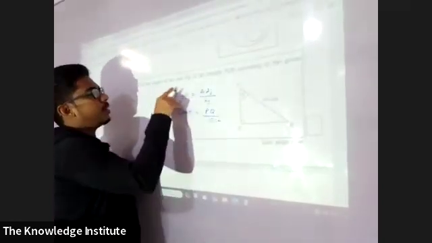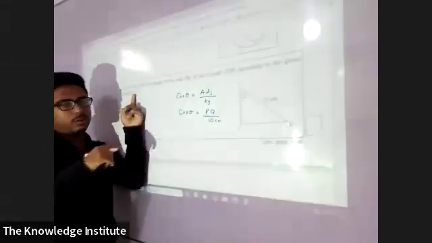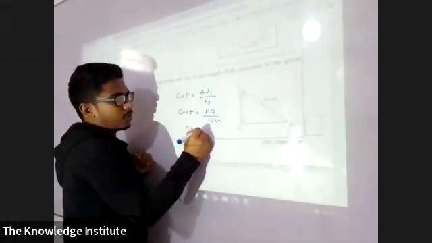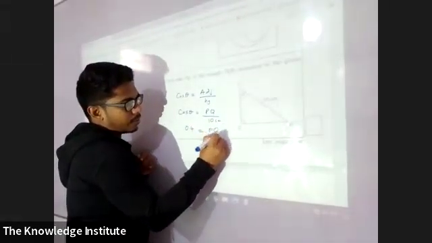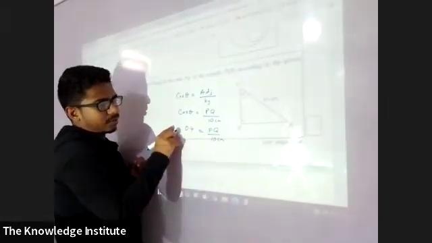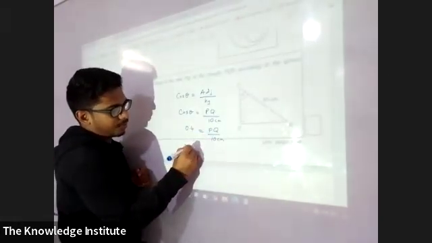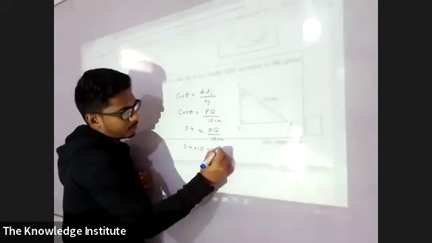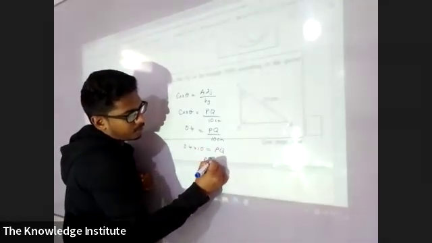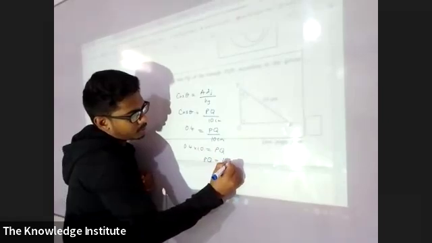Cos theta is given as 0.4. So 0.4 equals PQ over 10 cm. You take the 10 centimeter side across, 0.4 times 10 equals PQ. Therefore, PQ length is 4 centimeters.